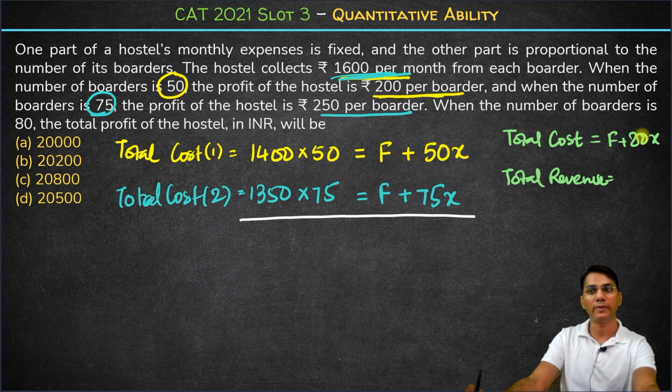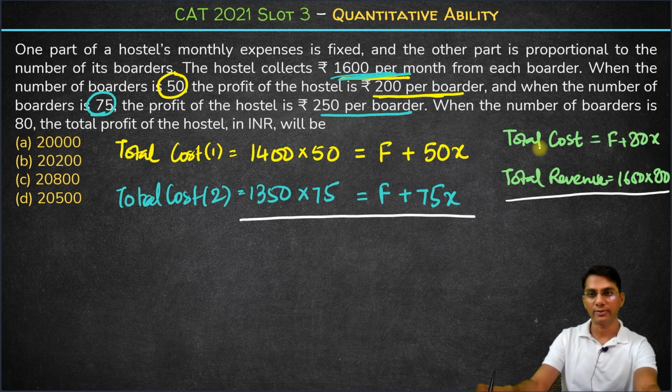Fixed cost plus the total variable cost when there are 80 boarders will be F plus 80x, and the total revenue will be 1600 into the number of boarders, 80. So this is total revenue, and the difference of these two will give us the total profit, but for that we need to know F plus 80x.